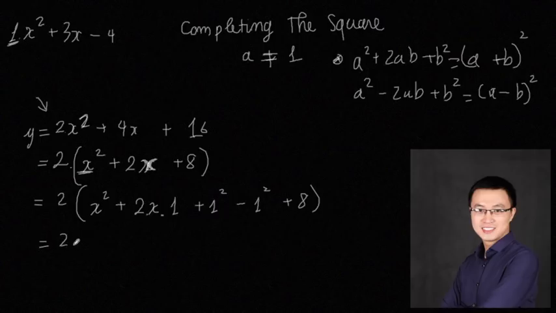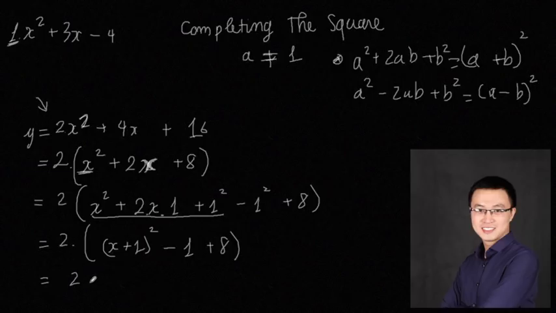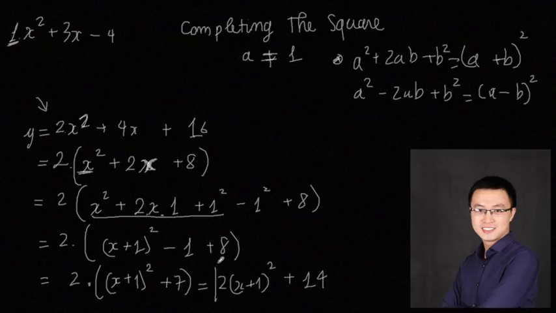Okay, so outside the brackets, the first 3 terms inside the bracket you can combine into (x plus 1) squared, just the square of the sum, and outside we have minus 1 and 8, and we take the 2 outside. Now continuing with (x plus 1) squared, minus 1 plus 8 we get plus 7. From here you can expand this equation: you take 2 times (x plus 1) squared inside the bracket and 2 times 7, so we have 14 here. So here is the result.